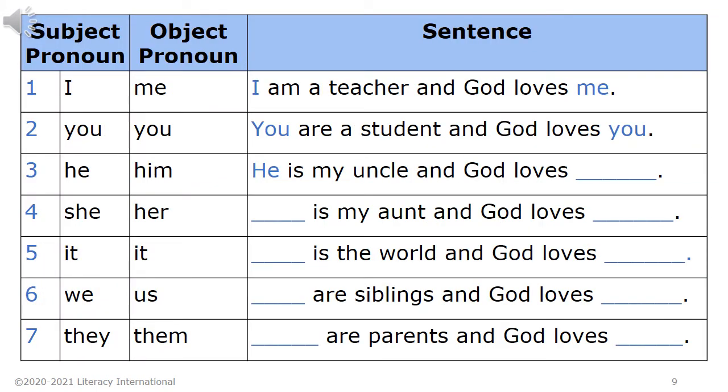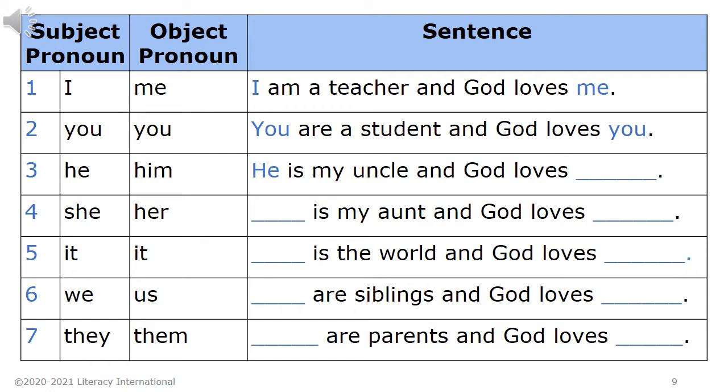Subject pronoun, object pronoun, sentence. 1. I, me. I am a teacher and God loves me. 2. You, you. You are a student and God loves you. 3. He, him. He is my uncle and God loves him. 4.